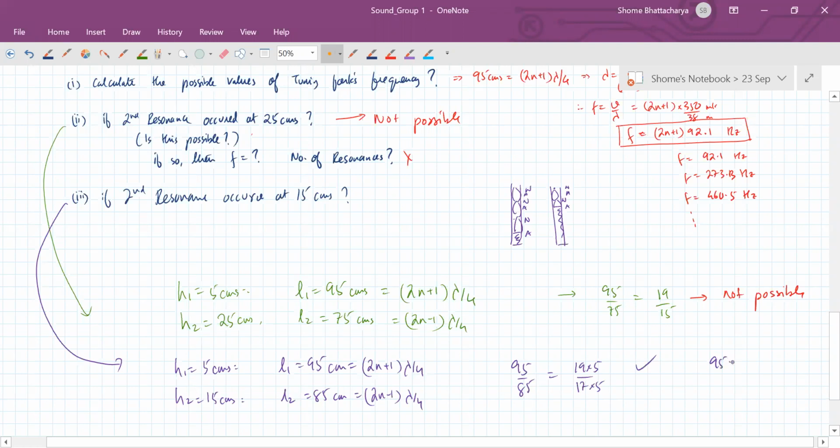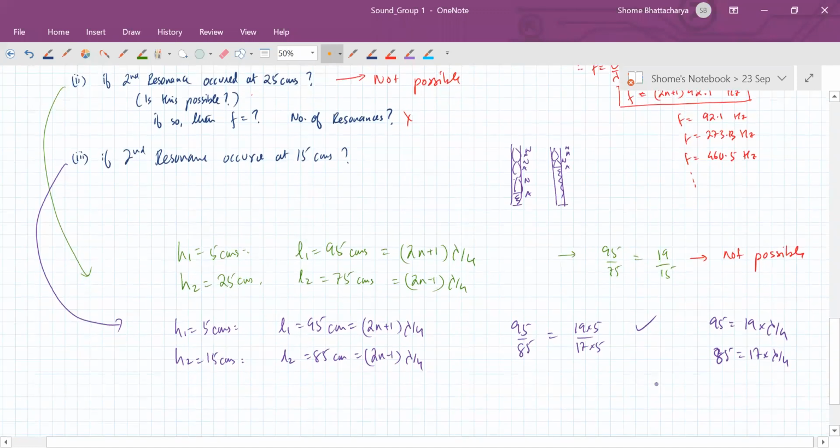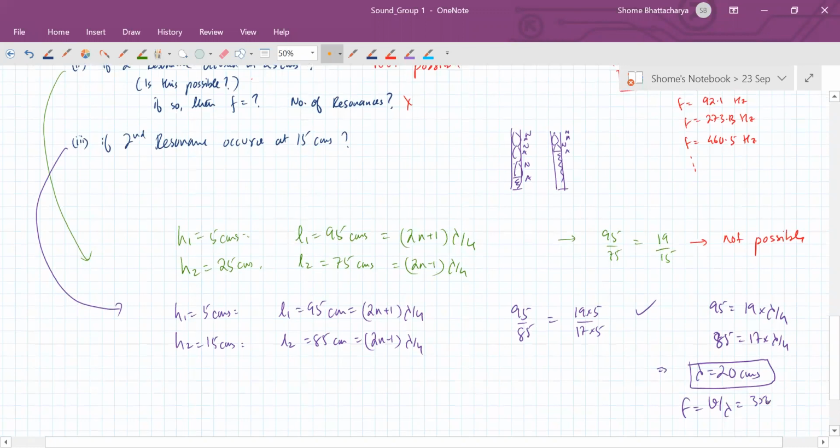So 95 is 19 times lambda by 4. 85 is 17 into lambda by 4. So our wavelength correctly is going to be 20 centimeters. So our frequency is going to be 350 by 20 into 10 raised to the power minus 2.